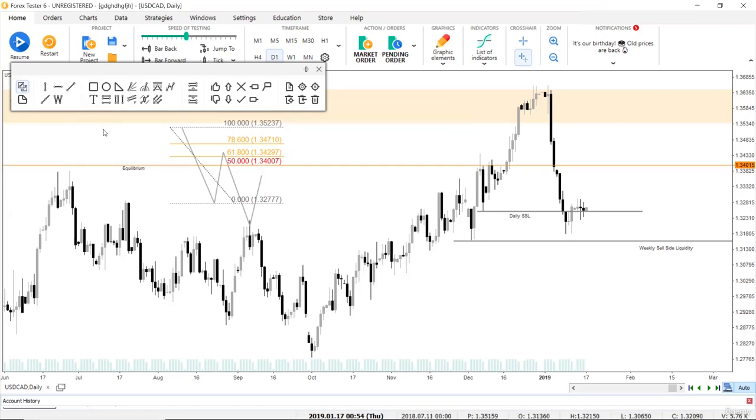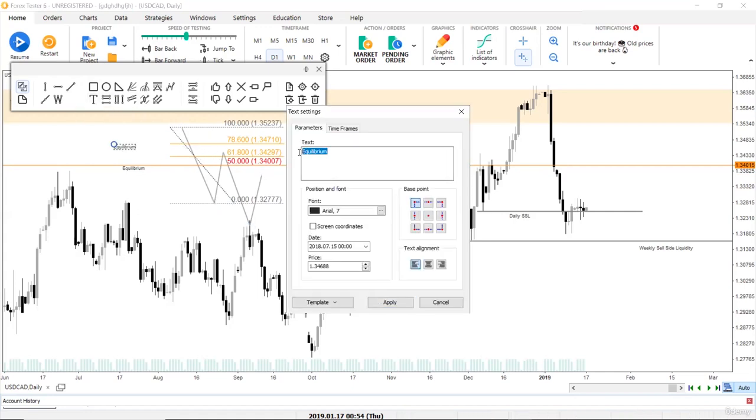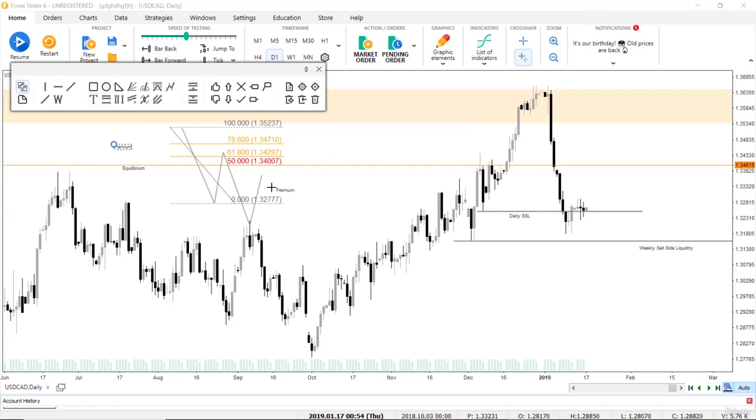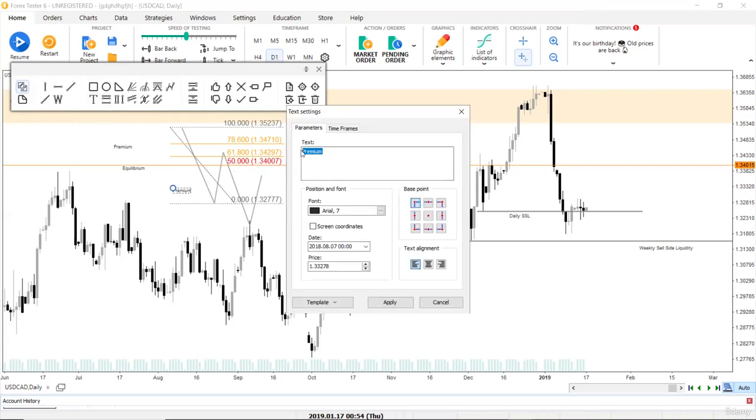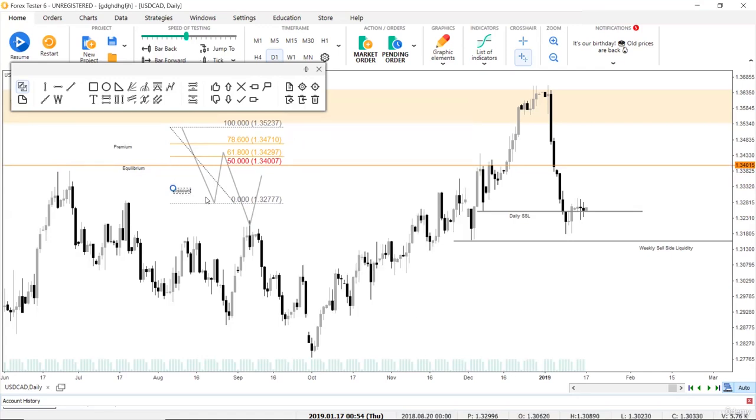This top area is called premium. And then the bottom area of that array is called discount. At discount, what you want to do is buy.